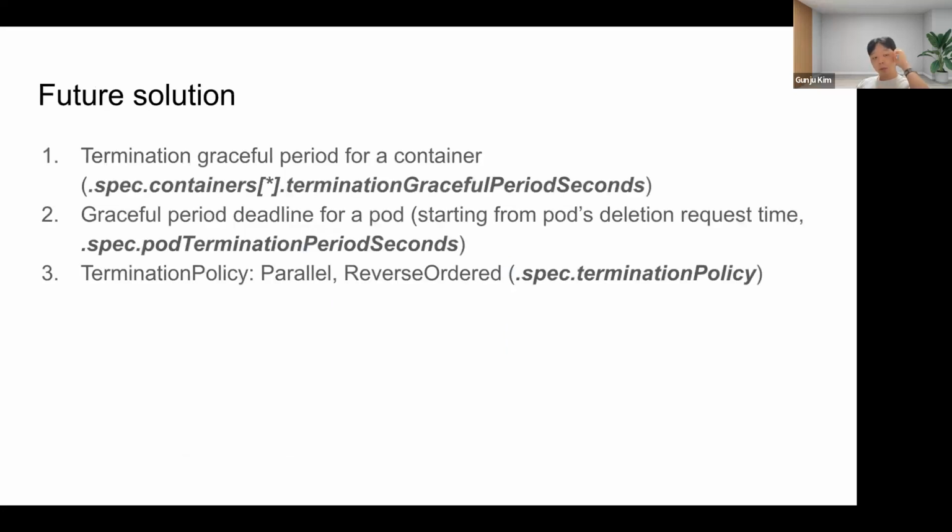My proposals are: we can just make the pod's spec termination grace period seconds apply to each container. If you want a specific container to have a different termination grace period, then we can introduce a new field like termination grace period for a container. The other way is to introduce a pod-level termination period, because we don't have it now.